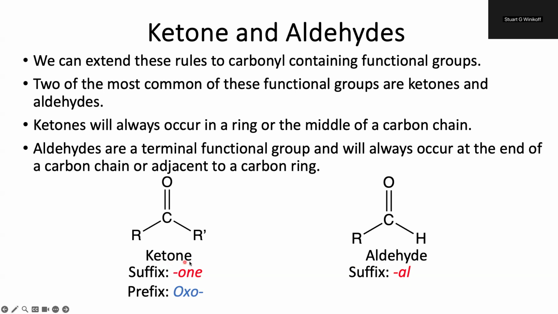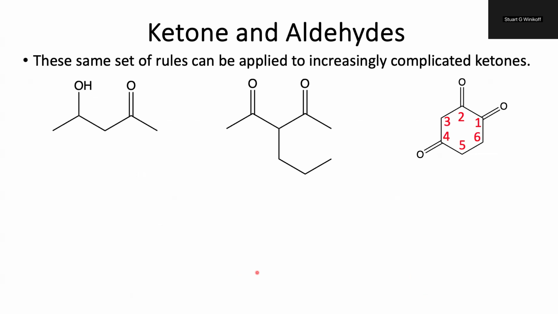Now, the fun thing with these guys is they both have the same prefix of oxo. This is one of the reasons why, if you're drawing them, oxo pretty much means throw a carbonyl on it. So you're going to have to figure out whether it's an aldehyde or a ketone based on prefix, simply based upon location.